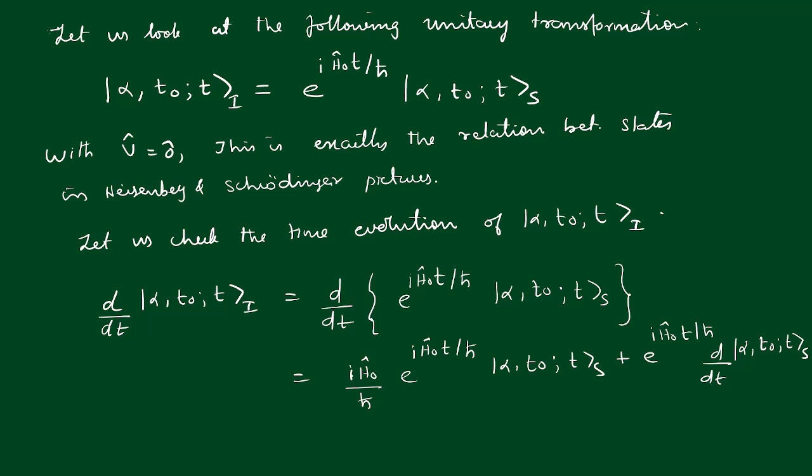Minus, we have i H0 by h cross. If I multiply it by i h cross, this h cross and h cross will cancel, and the i times i gives minus 1.